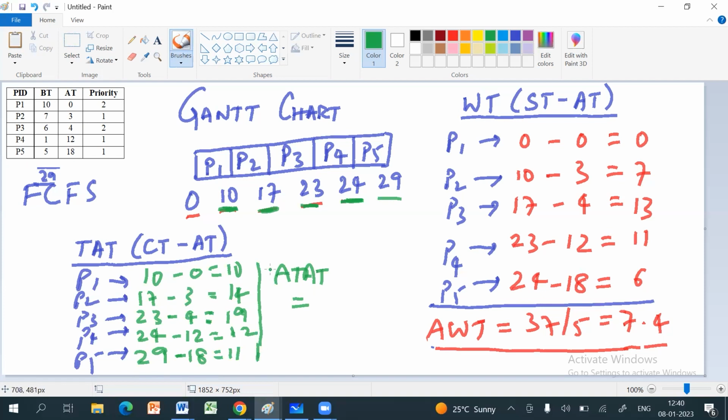That would be 10 plus 14 plus 19 plus 12 plus 11, divided by 5. That is 66 divided by 5, which comes up to 13.2.